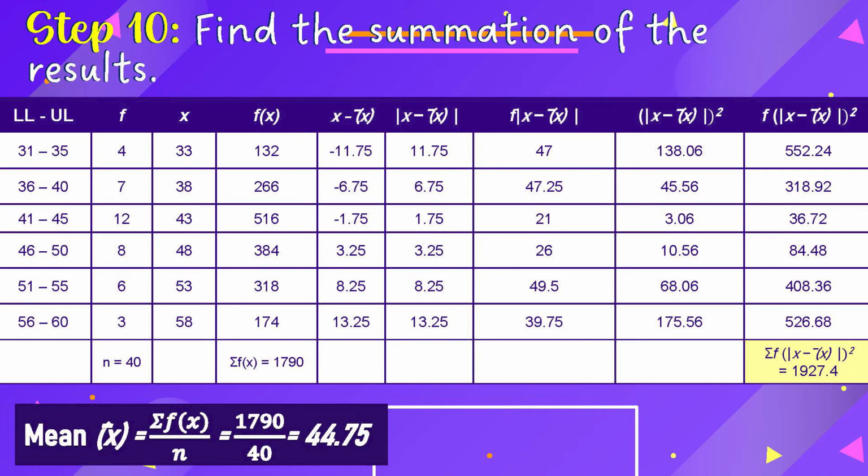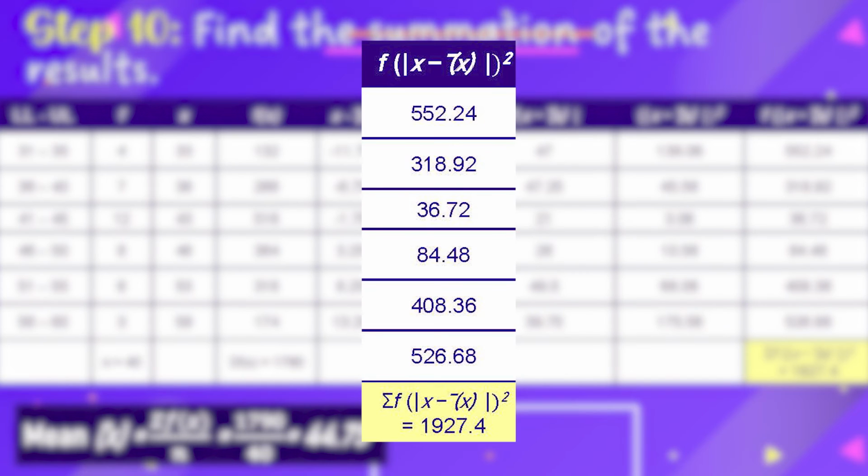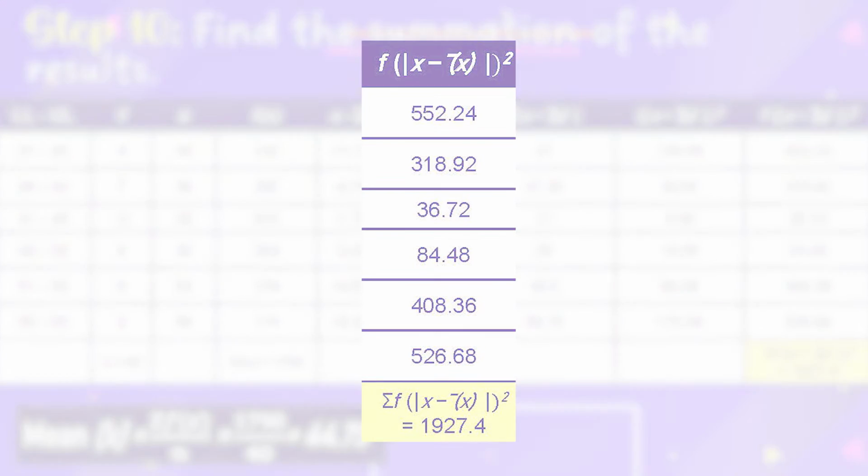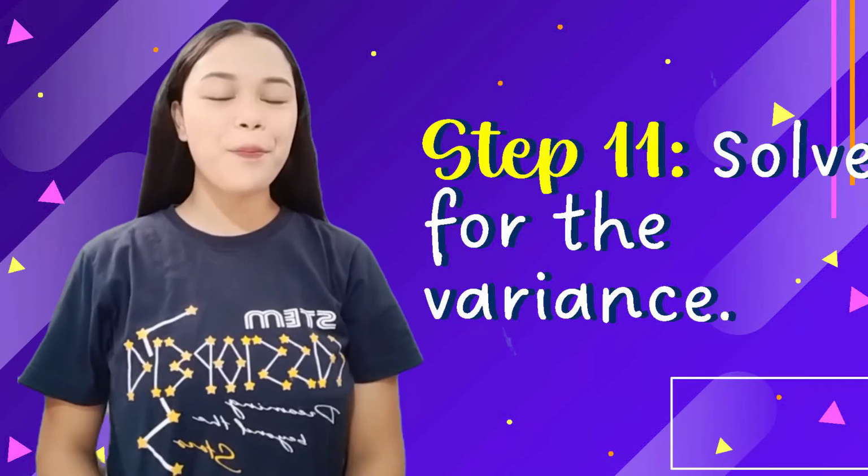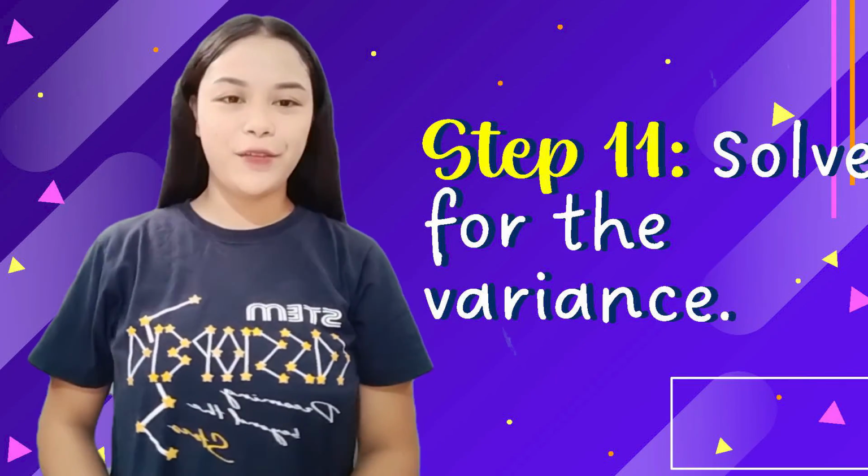Simply, we are going to add, using our calculator, the values in this column: 552.24 plus 318.92 plus 36.72 plus 84.48 plus 408.36 and last plus 526.68. The total is equal to 1,927.4.